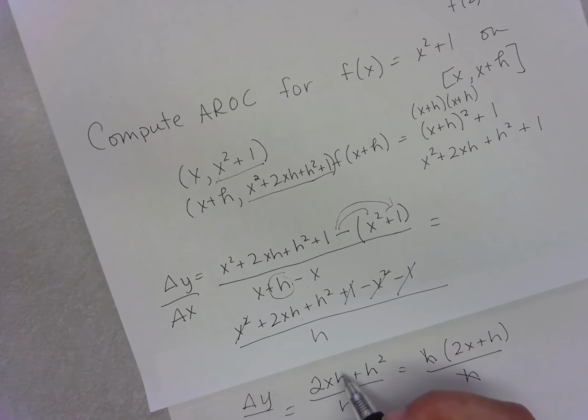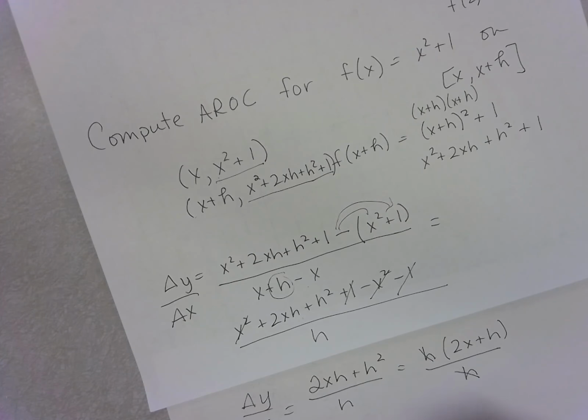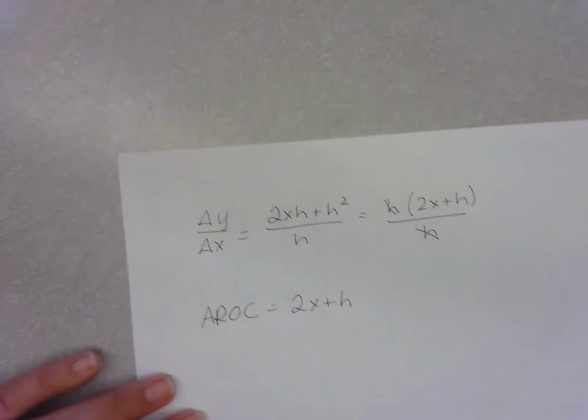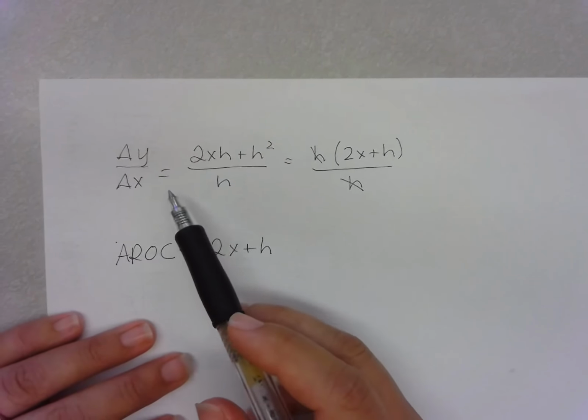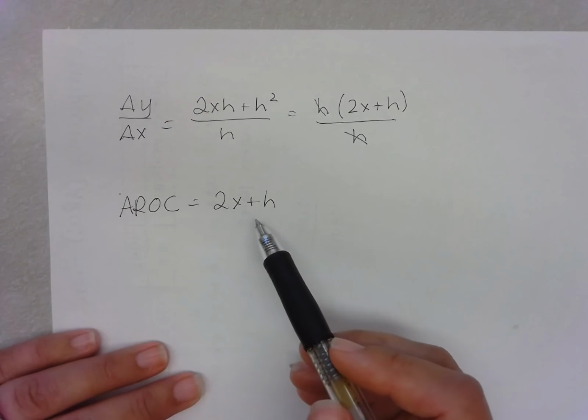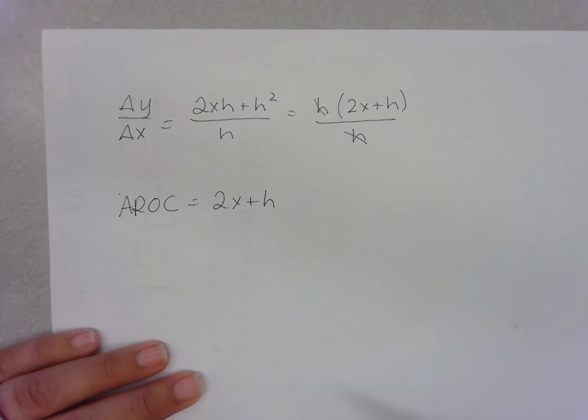I can't just cancel it from one. It has to come out of both, so I factor it out. So in this case, my average rate of change is 2x plus h. Oops, sorry, you couldn't see that. Okay, so here I factored out the h, I canceled them, and then I'm left with 2x plus h. All right.